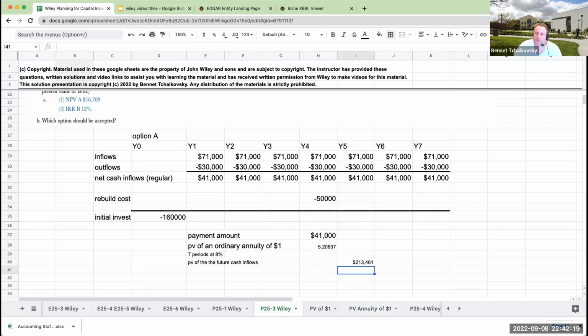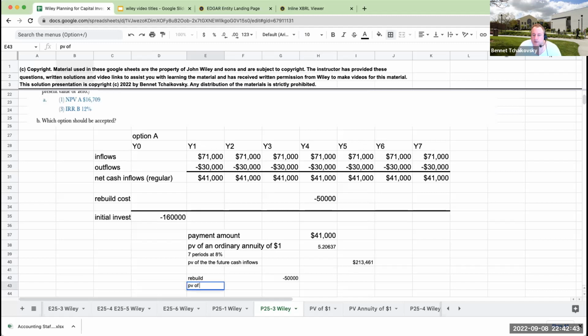But I also have some other things to deal with. I've got to deal with this rebuilding cost. I don't want to use 50,000 because it's not going to have to be paid out for another 4 years. So for the 50,000 rebuild, I need to bring this back to today's dollars.